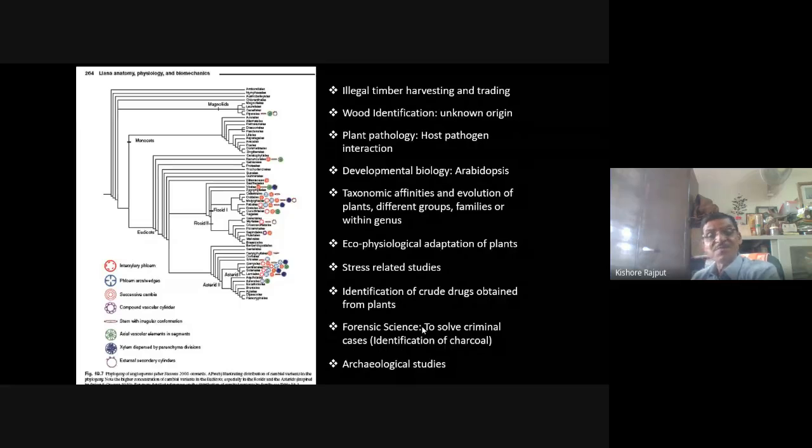Now, where anatomy is used basically is illegal timber harvesting and trading. Everybody knows as a biology student, there is a lot of illegal cutting of forest trees. Once it is cut, these people remove the bark, and then there are very few specialized people who can identify what the tree is.